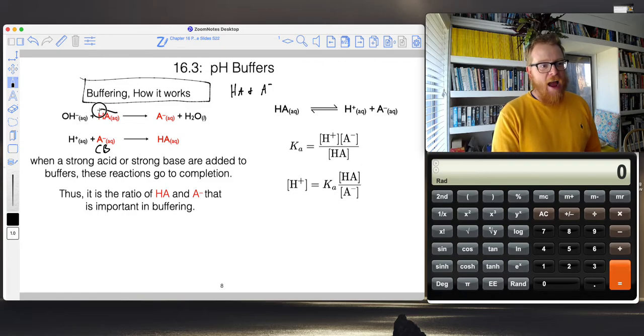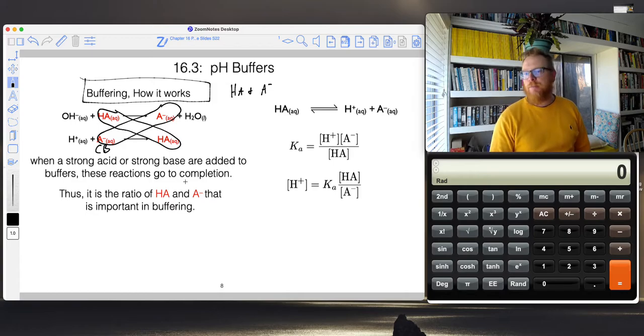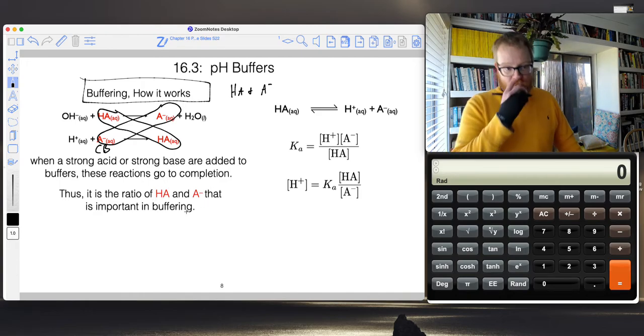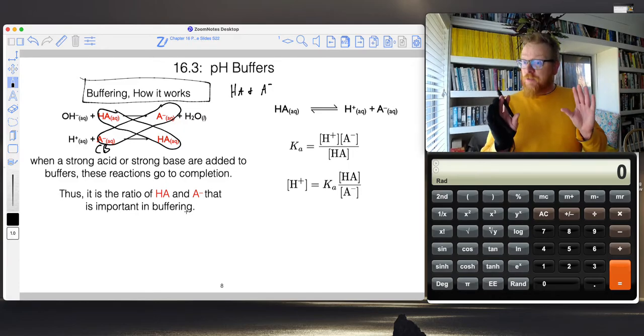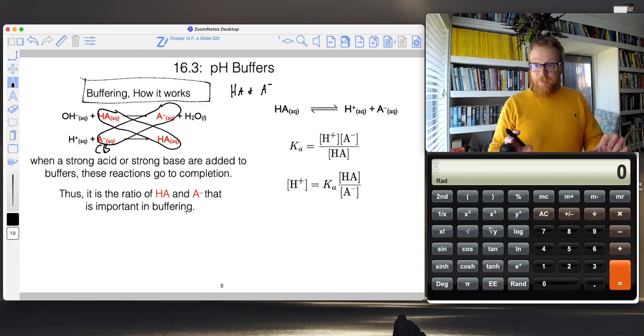So you can see either way, we still have HA and A minus present. When it comes to buffering, it's really the ratio of HA and A minus that's important. In other words, we want comparable amounts of both in our buffer to get that strong buffering effect.